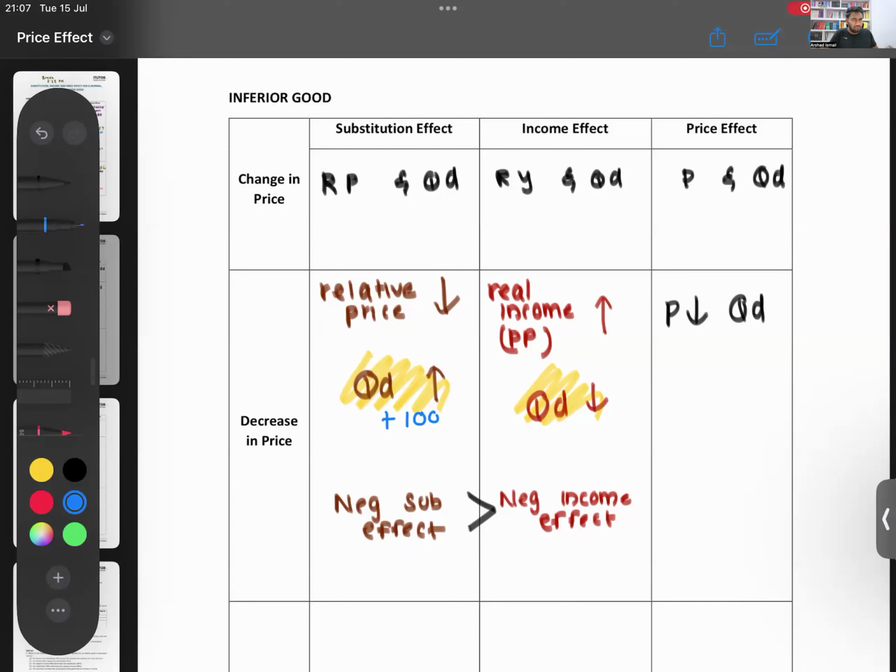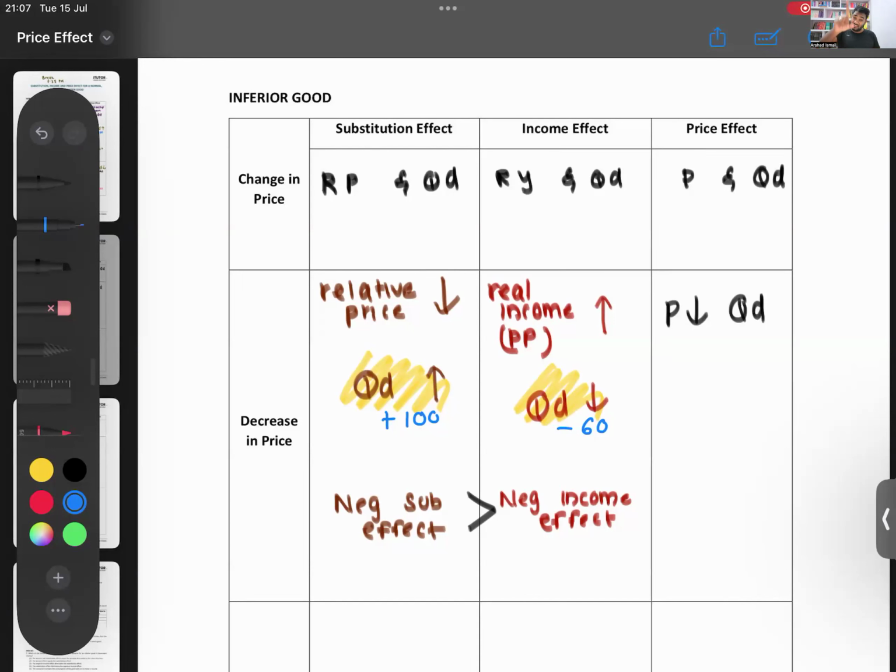The income effect is saying, no, QD will decrease, but it will decrease by, let's say, 60. This one's increase is stronger than this one's decrease. That's what I'm trying to prove to you. The negative substitution effect is more powerful than the negative income effect. So the price effect is the combination of these two.